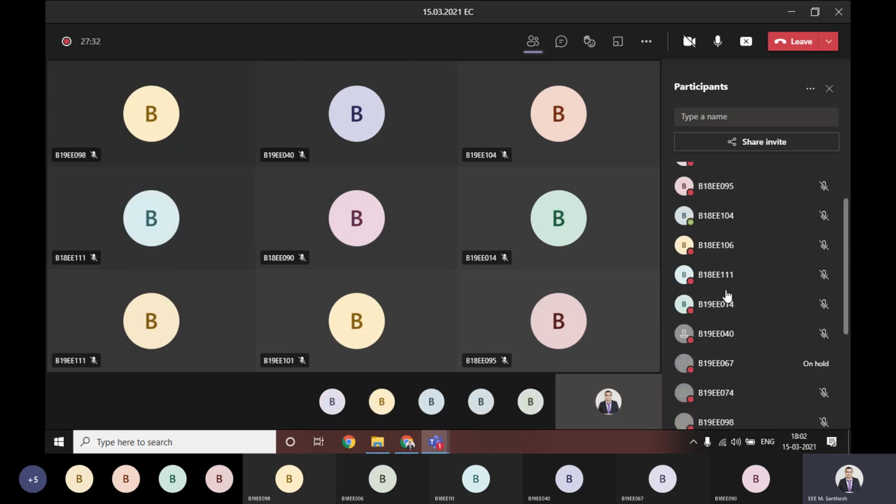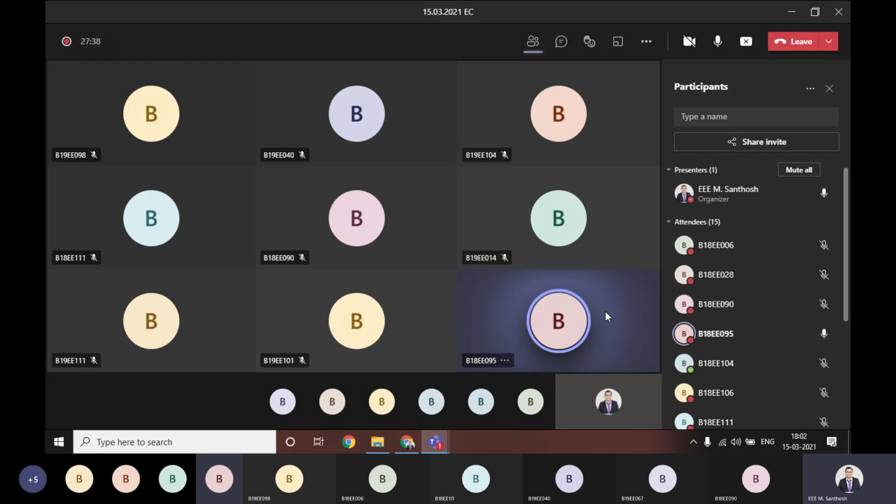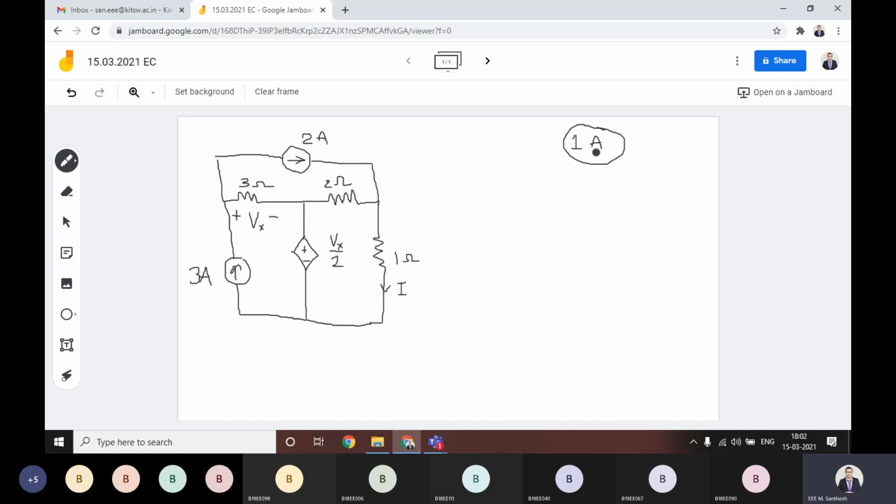B180.095. 1 ampere. You're also getting 1 ampere. Yes, sir. We'll see whether we are getting this 1 ampere or not. 2.3. Hmm? 2.3. 2.3. Please.